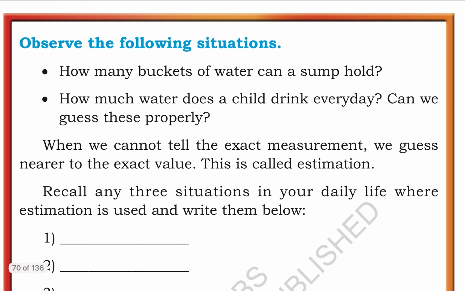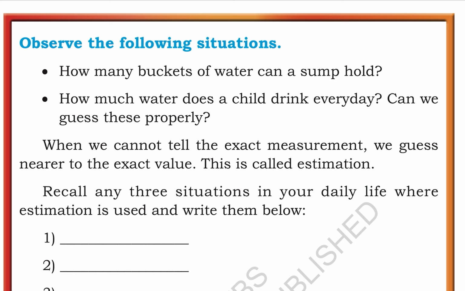See, if you have a sump in your house, if I ask you how many buckets of water this sump has, can you say? No, you just estimate it. You can say maybe 200 buckets or 300 buckets, like that. You estimate some value and say it so that it makes sense. Okay, that is estimating.